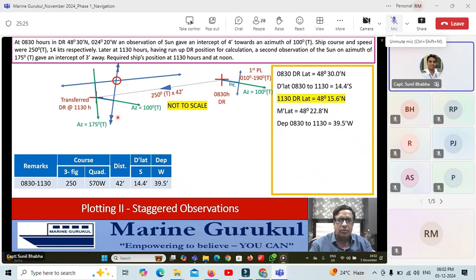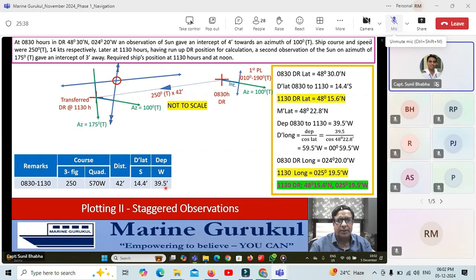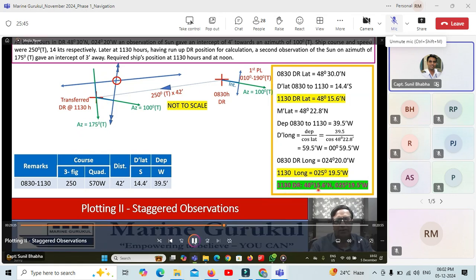We use this latitude to convert this departure of 39.5 minutes into D long. Apply this D long to the longitude of 8:30 DR, and once we apply this, we can get the longitude of 11:30, and this gives us the position of 11:30 DR, which can be used, as you can see in this rough diagram, to plot both the 11:30 PLs, one transferred PL, the other observed PL.